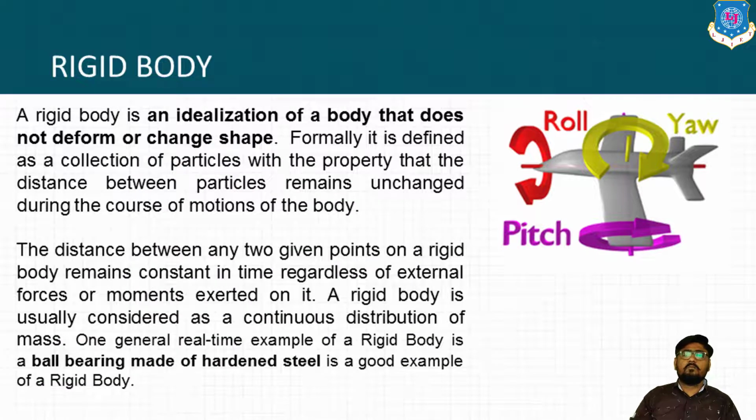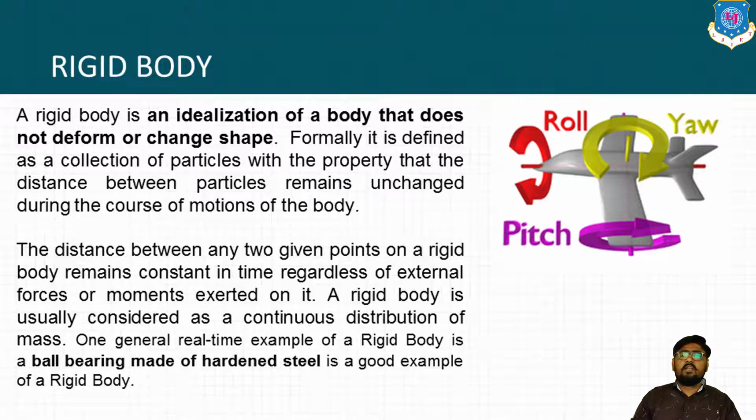Now moving further to the next topic, that is a rigid body and the concept of inertia. So what is a rigid body? A rigid body is an idealization of a body that does not deform or change shape. It is an ideal body, and on application of a load it does not deform or change shape.